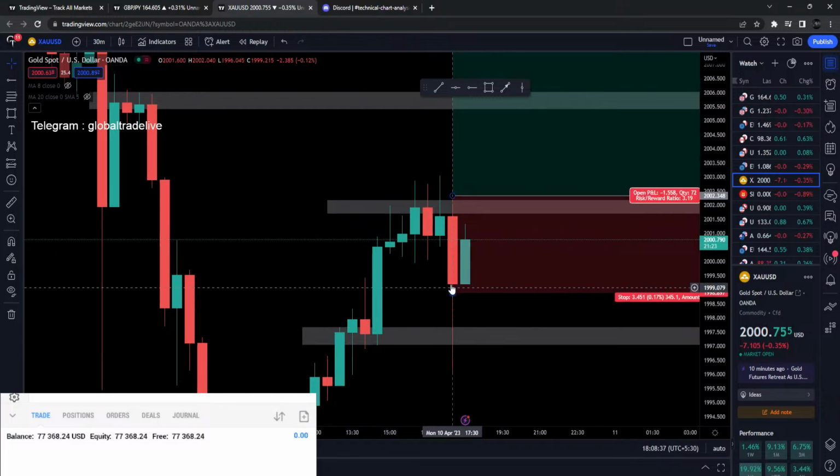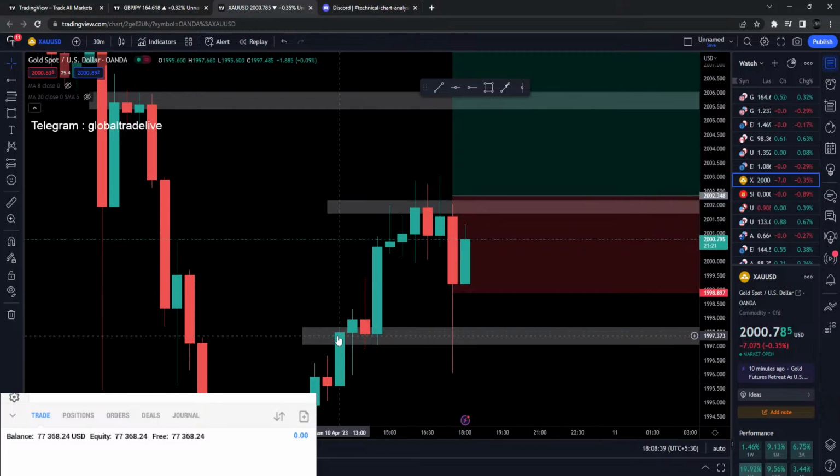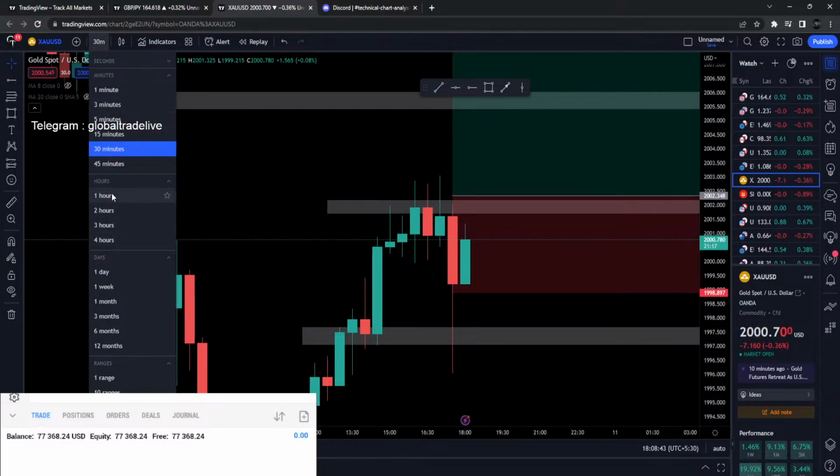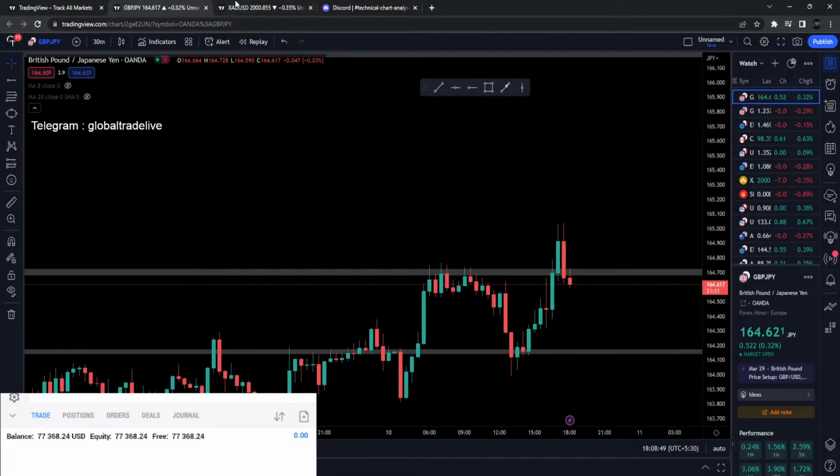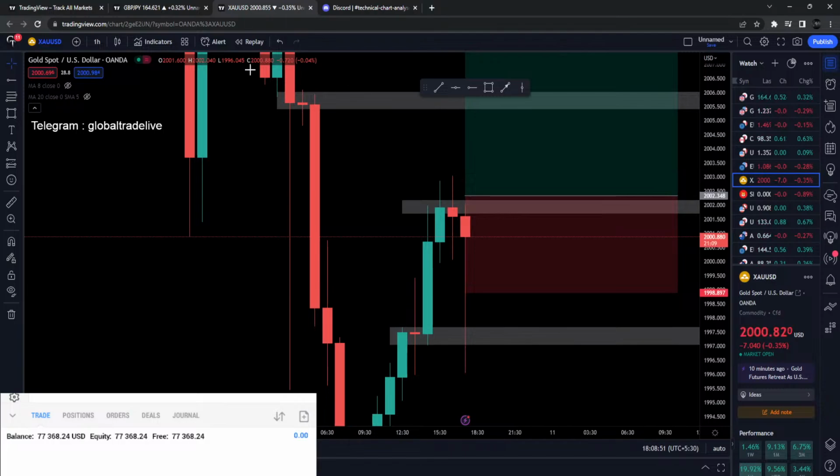That means there will be a support formed over here from this area. So the thing is that in both the cases, GBP JPY and gold, 1 hour time frame is playing a really important role.